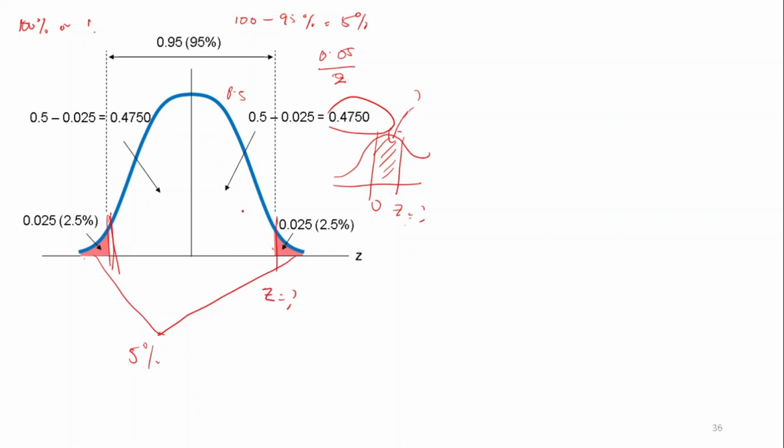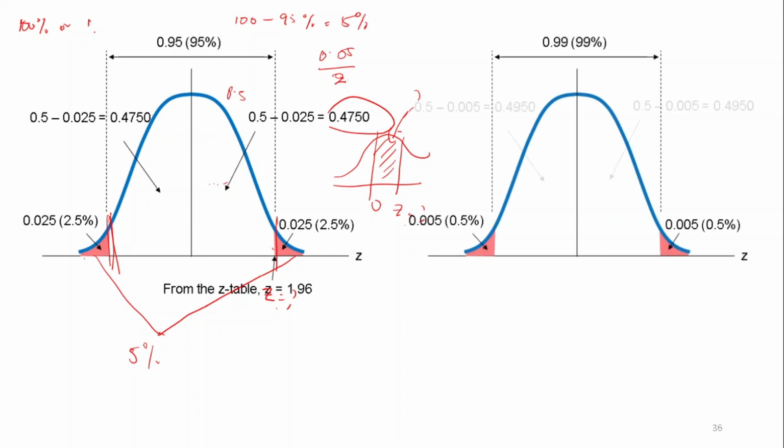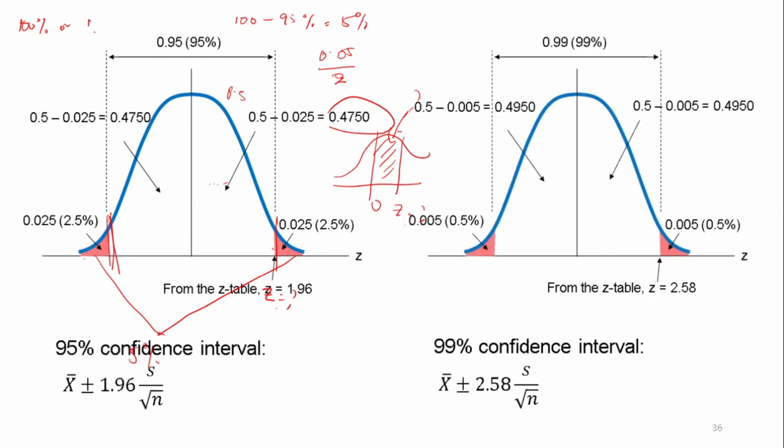Now you need to find the Z value. From the previous chapter, we knew the Z value and wanted to find the probability. Now you know the probability, so you need to find the Z value. Please refer to the table for the value closest to 0.475.